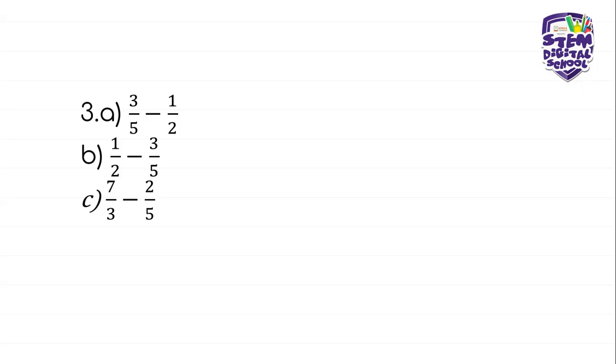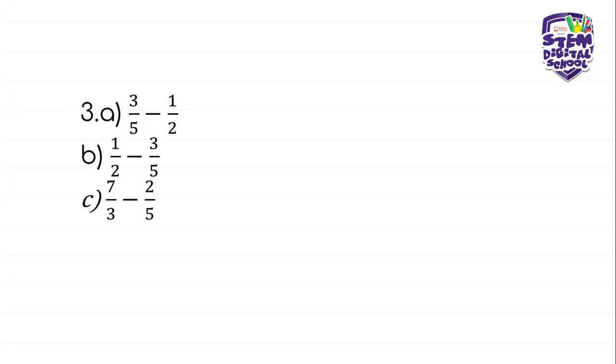And then Amra has shown all the steps in the group chat, where she starts by saying 7/3 minus 2/5. That's the first step, and then you now multiply 7/3 by 5/5, and then you multiply 2/5 by 3/3.